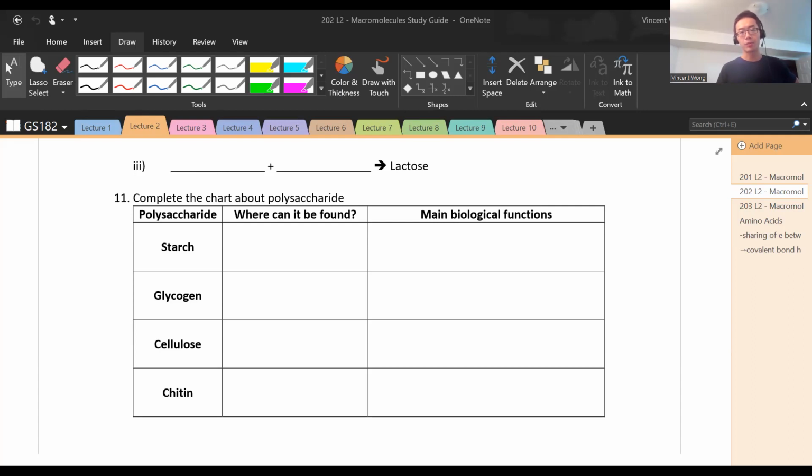And the last one is pretty straightforward. You have glucose plus galactose. When you see the word lactose in galactose, you know it is going to give you lactose. So all these are disaccharides, and you can get them by combining monosaccharides. Does anybody remember the name of the process that we use to connect the two monomers together?